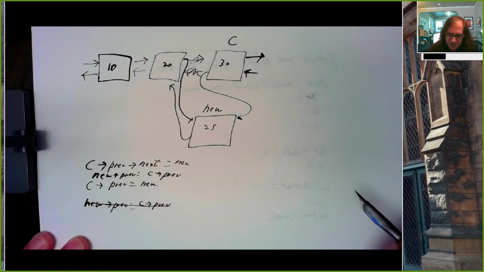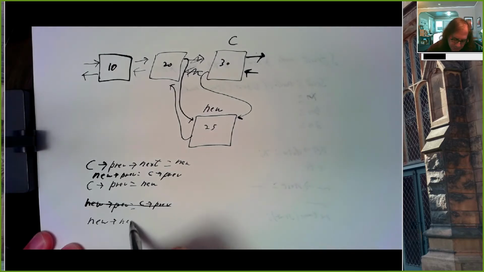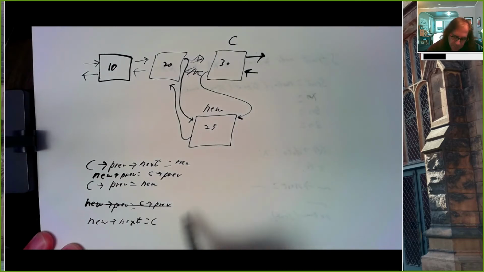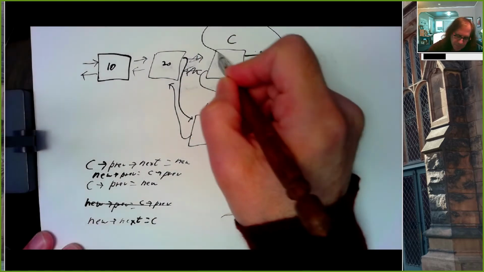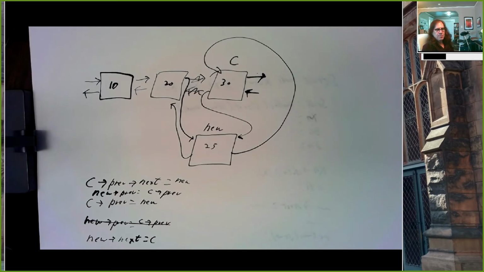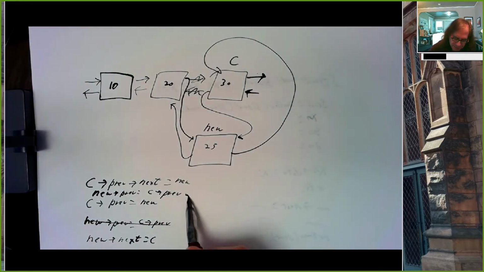So that sets that up, and then new next is going to be equal to C. So you have to do four things instead of two things, but we didn't need to keep track of that prior node. But definitely watch out for this kind of thing.